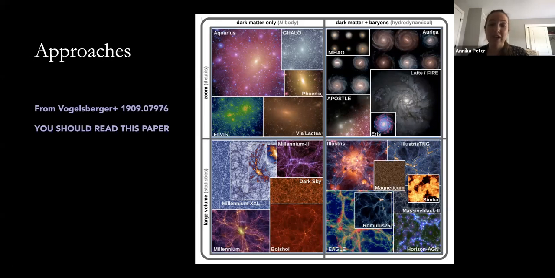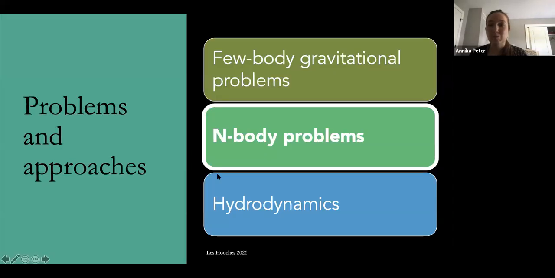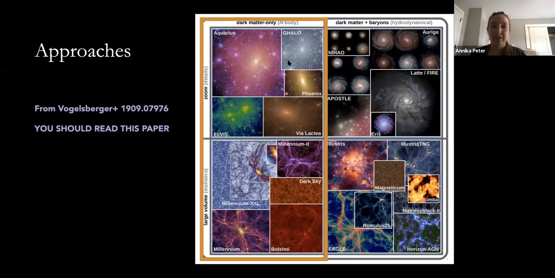Also, as we're going to talk about, they're a lot faster to run. So you can build up a lot more statistics a lot faster if you don't have to deal with those pesky baryons. Okay, so let's consider this left column first, what I will call traditional n-body problems. Here I've highlighted in orange what we're going to consider: these dark matter only zoom or large volume simulations.